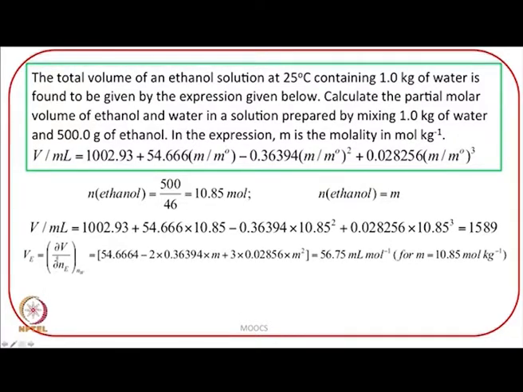By differentiation of the total volume expression, we will get the partial molar volume of ethanol, which is equal to: derivative of this is 0 and for this is 54.666, then minus 2 times 0.36394 into m plus 3 times 0.02856 into m square, and you substitute m, you will get an answer of 56.75 milliliter per mole for a value of m equal to 10.85.